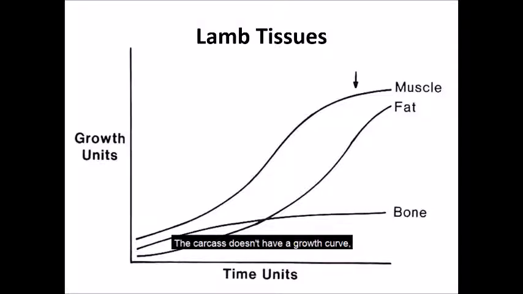The carcass doesn't have a growth curve, but if you think about those tissues over the life of the live animal, muscle is typically the highest percentage tissue in the body. Bone is, at least after a certain point in growth, the lowest, and bone levels early and stays relatively static.